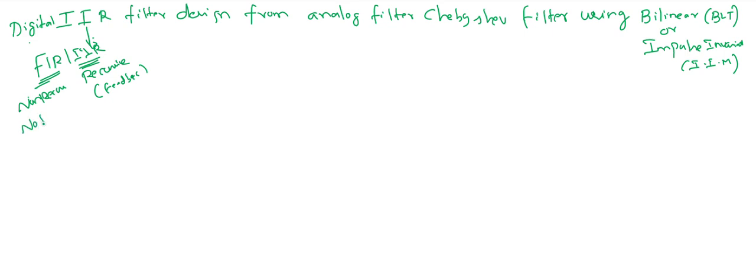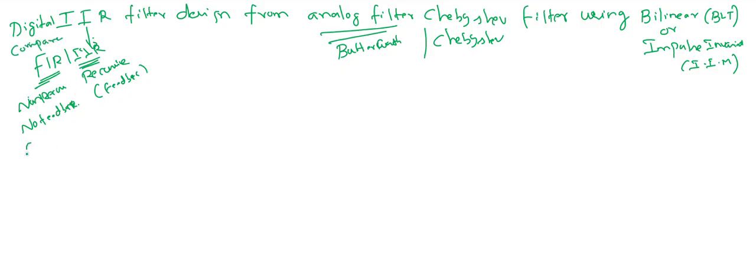Here there is no feedback in the system. Similarly, analog filters: Chebyshev filter, and one more analog filter we discussed, the Butterworth filter. Butterworth filter and Chebyshev filter. So compare FIR and IIR filter.